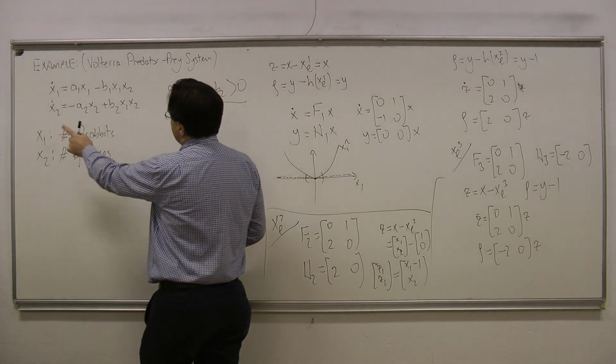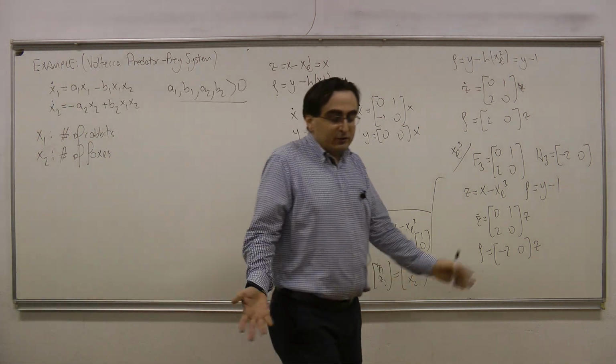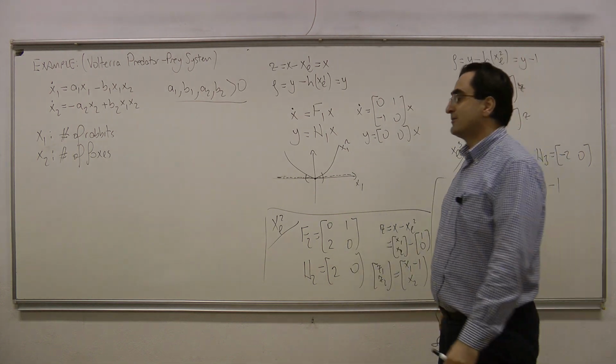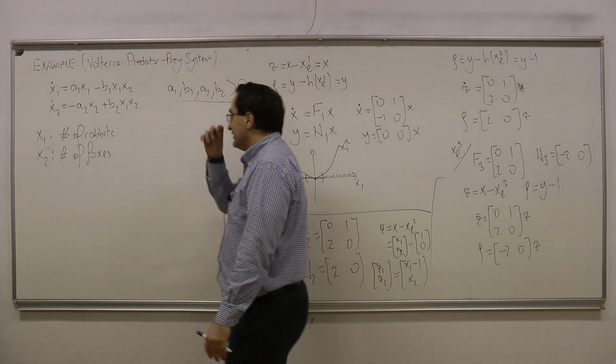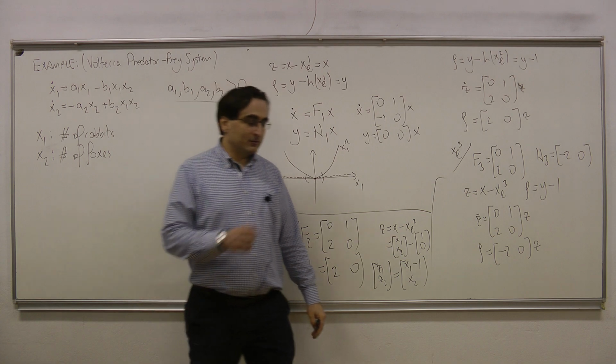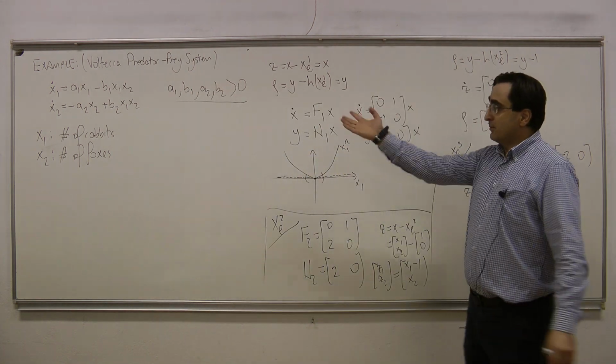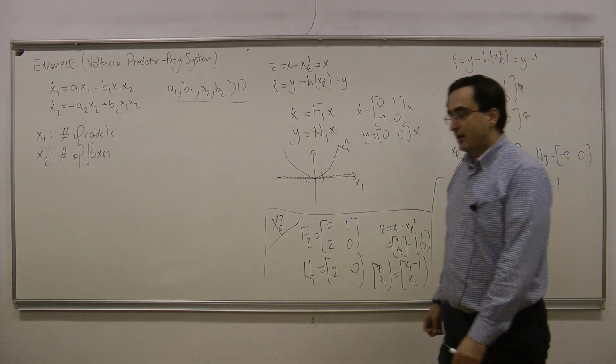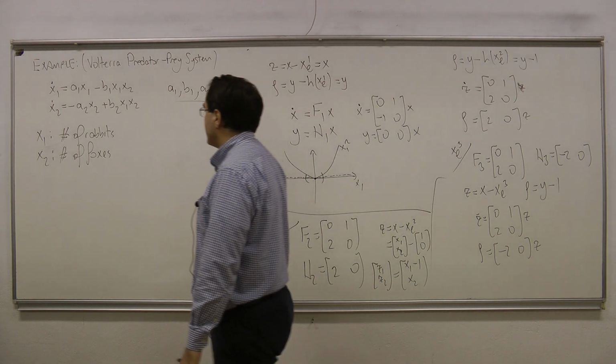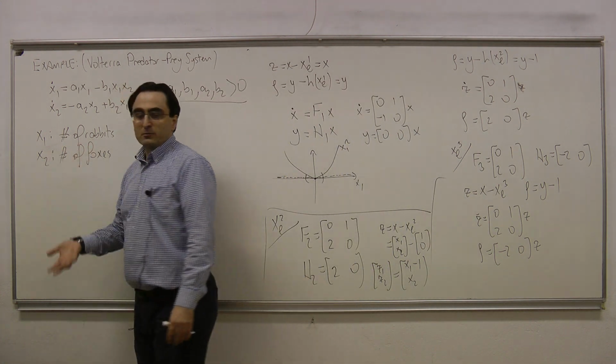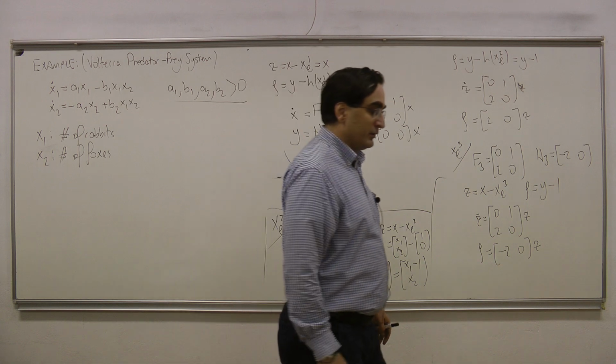So this x1, which is obviously the number of rabbits, is not a continuous variable. There are no 2.5 rabbits. But it is here modeled as a continuous variable. So a more accurate model would think about the integer numbers.